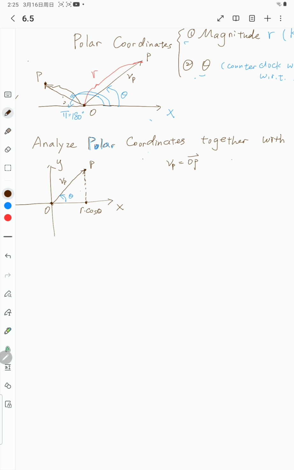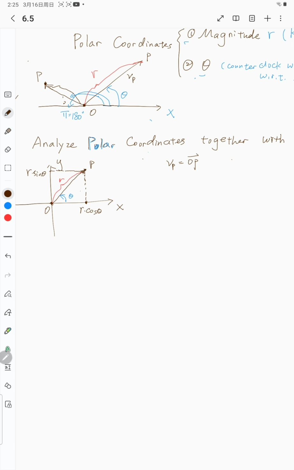And then similarly, I can have the y shadow of the point P of this polar coordinates. It'll be, because the length of the vector is R, right? So this is the length R, okay? R is the length, and then the y shadow is R times sine theta, okay? All right, so this is good.